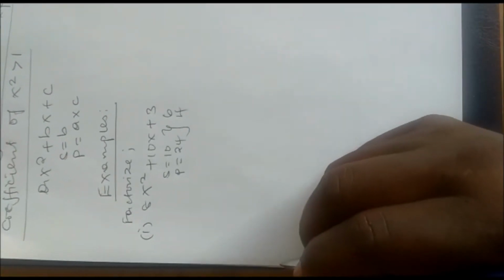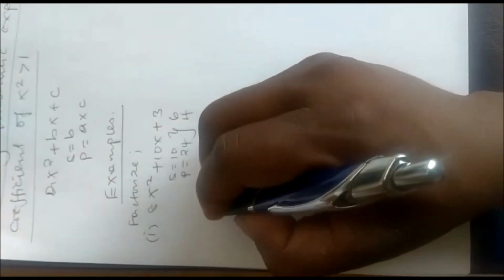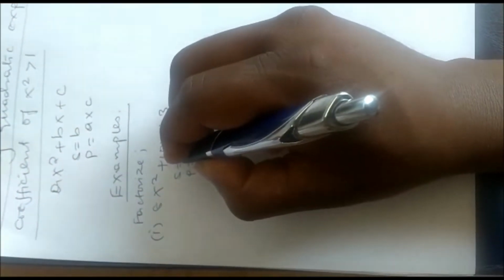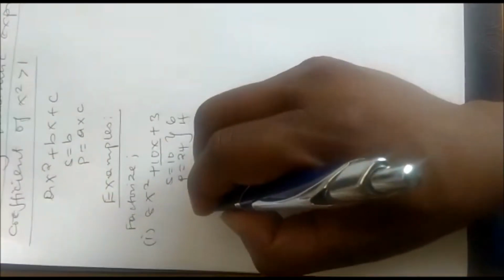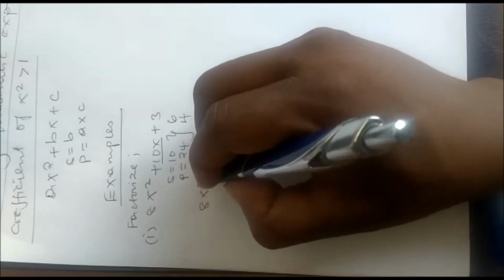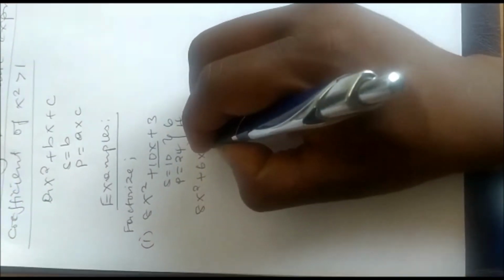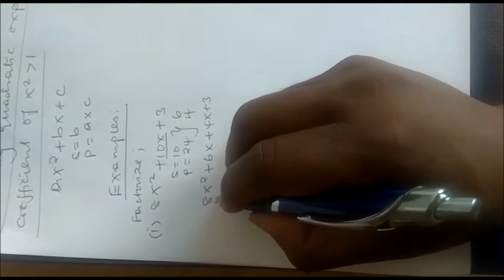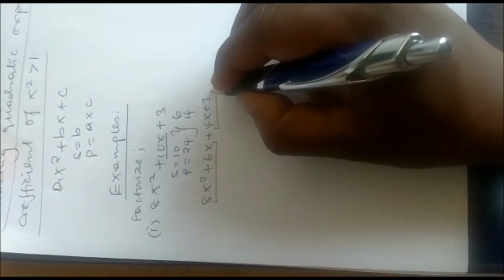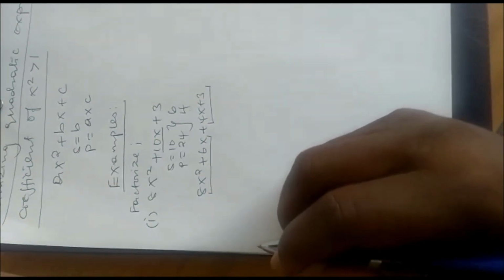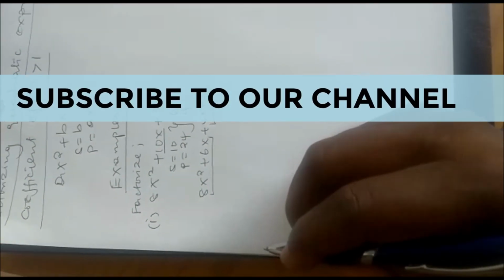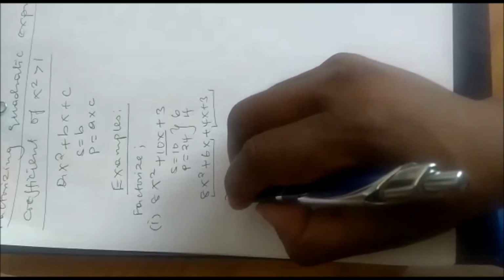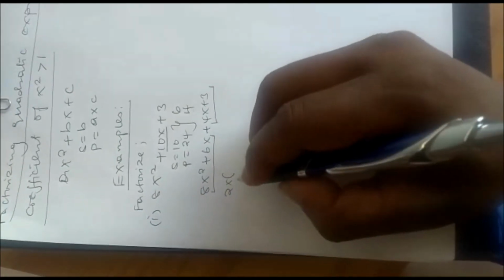So just like we did in the previous lesson, we will use these two to expand this term here. So we shall have 8x squared plus 6x plus 4x plus 3. We group them into pairs. In the first pair, we have the common factor being 2x, so we'll have 2x outside the bracket.